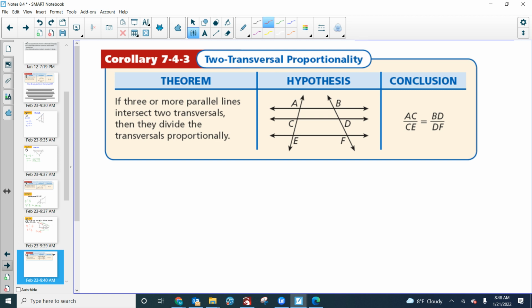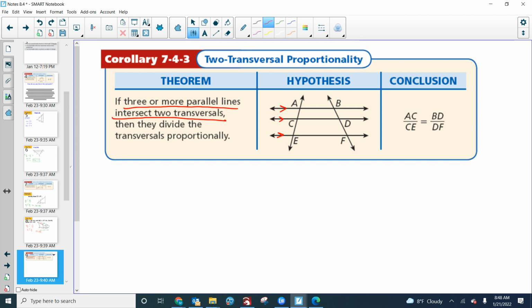If 3 or more parallel lines intersect 2 transversals. Okay, so hypothesis: there are 3 or more parallel lines intersecting 2 transversals. So the hypothesis is that that's parallel to that, which is parallel to that.